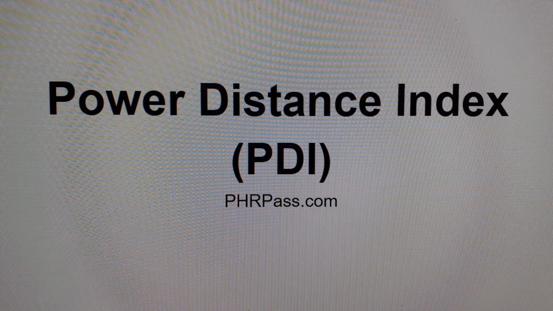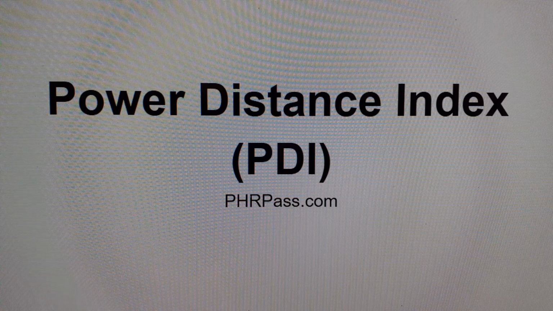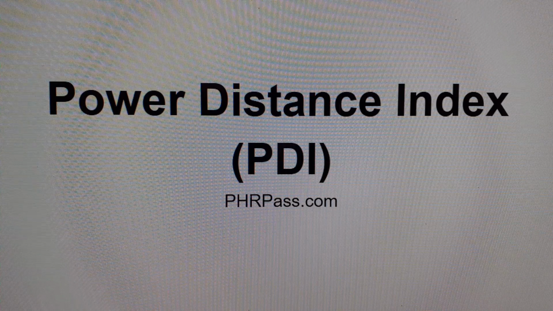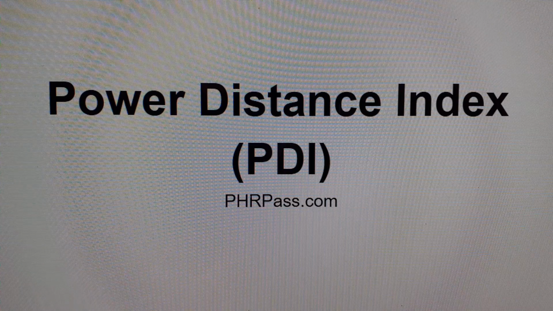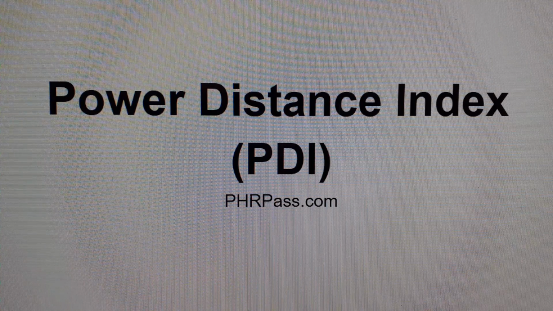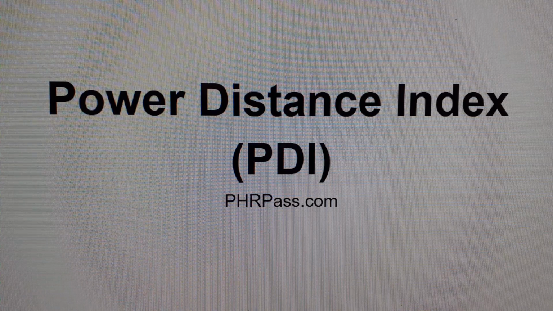In countries with low scores like Austria and Israel, individuals with little power expect there to be very little difference in power between the powerless and the powerful, providing for a more egalitarian environment. Within companies, a good example is if a mailroom employee has every expectation and right to question the CEO, we would expect a very low PDI.